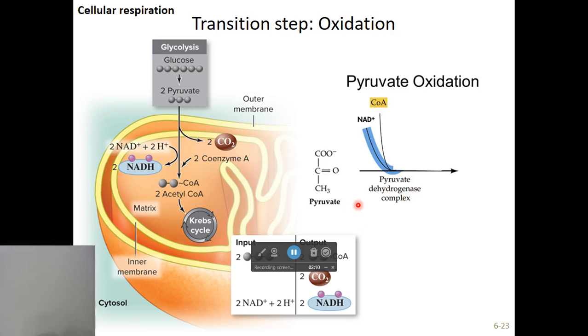And that reaction will yield carbon dioxide that is lost. By losing that third carbon, you release kinetic energy from that bond, and you use that energy to attach the coenzyme A to what is now called acetyl, because it's no longer a 3-carbon pyruvate, and to attach a proton to your NAD+.